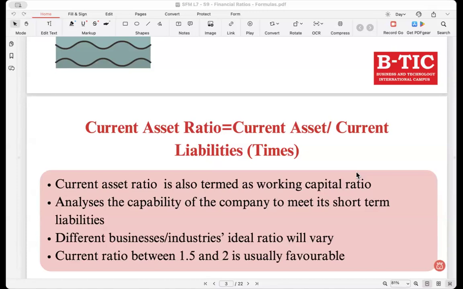If it is too low, the company is struggling to pay its short-term debts. If it is more than 2, say 2.5 or 3, this might indicate that the company is not using its assets effectively. So this is the current ratio.